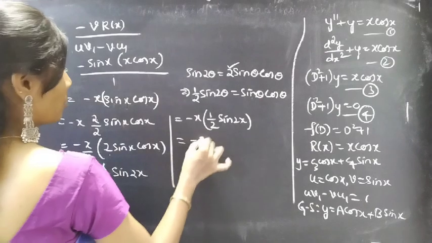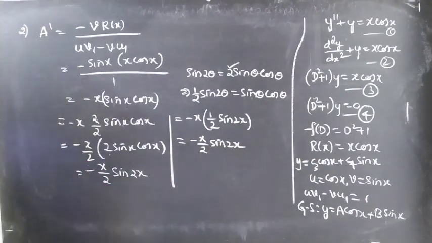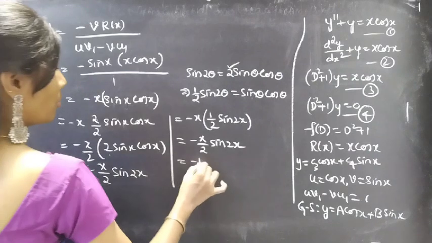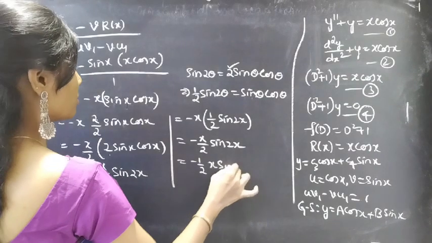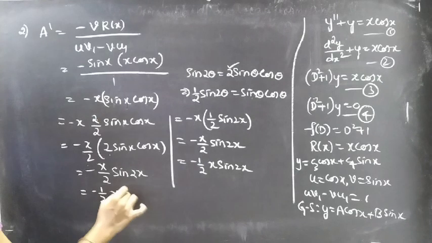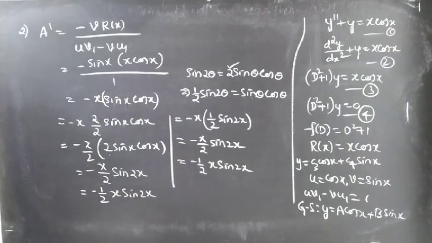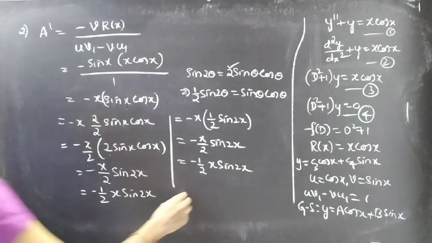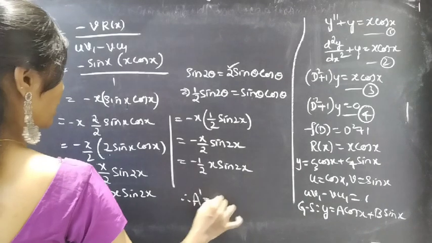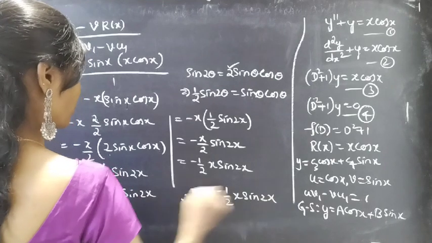This gives us minus x by 2 sin 2x, or minus 1 by 2 into x sin 2x. Okay, so we got a dash. Therefore a dash equals minus 1 by 2 x sin 2x.